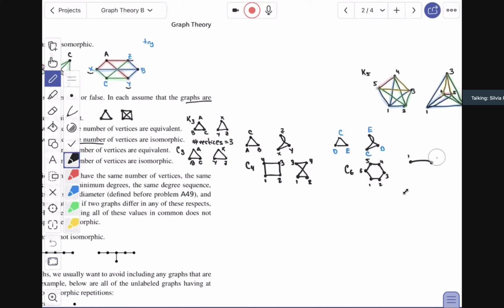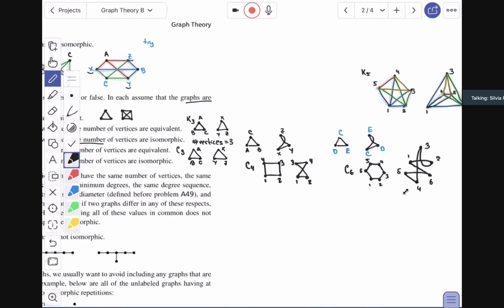I can have 1, 2, go here to 3, and then go back here to 4, and then go here to 5, and then 6, and then back to 1. That's another C6. As long as I keep a ring, twisted or not, it will be a C6. And that's the idea of isomorphism. They are really the same graph, just different drawings of the same graph.